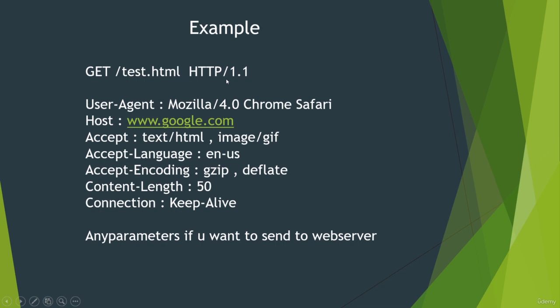1.1 is the newer version, and 1.0 is the older version. The difference between these two is that HTTP 1.1 keeps the connection alive after you request a web resource. In HTTP 1.0, after you request an HTML or any file, after the server sends the response, the connection will be closed.